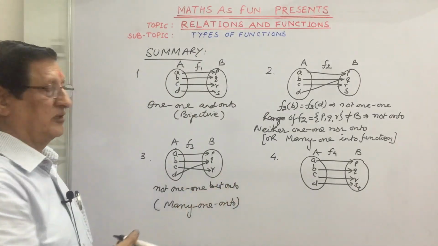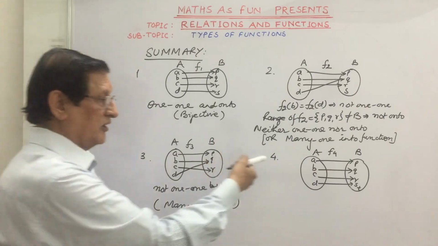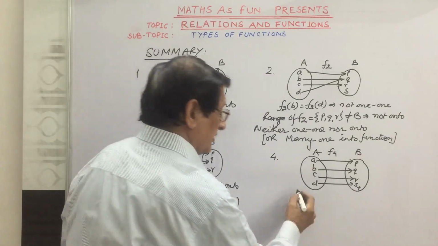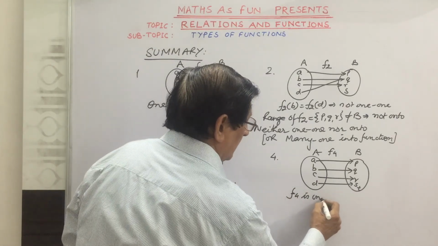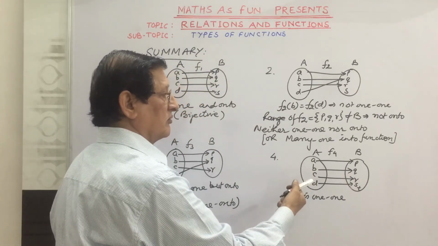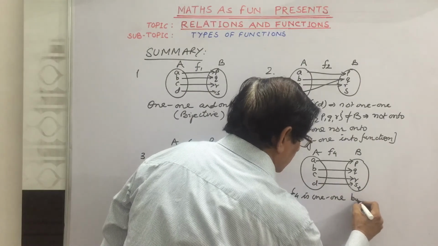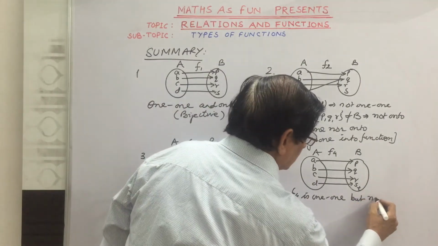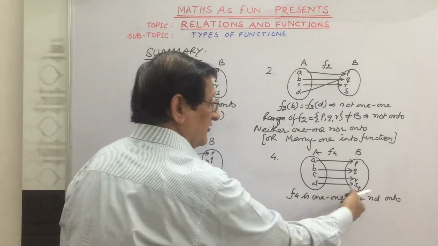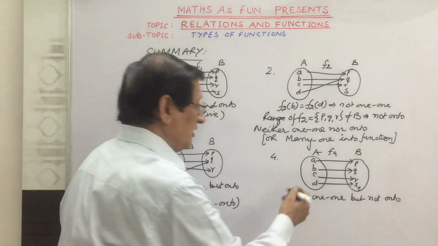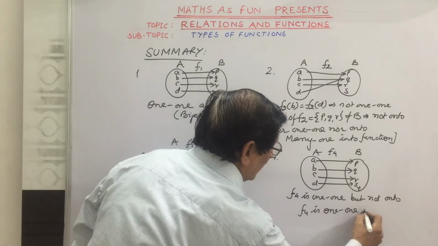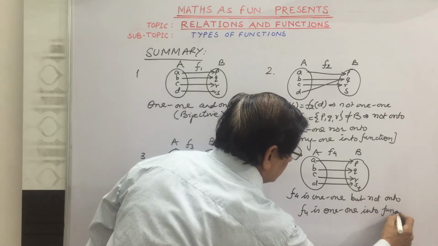We know that it is one-one, because all the distinct elements are having distinct images. f4 is one-one function. But is it onto? No, it is not onto. So we say f4 is one-one function but not onto. So can we say that f4 is one-one into function?